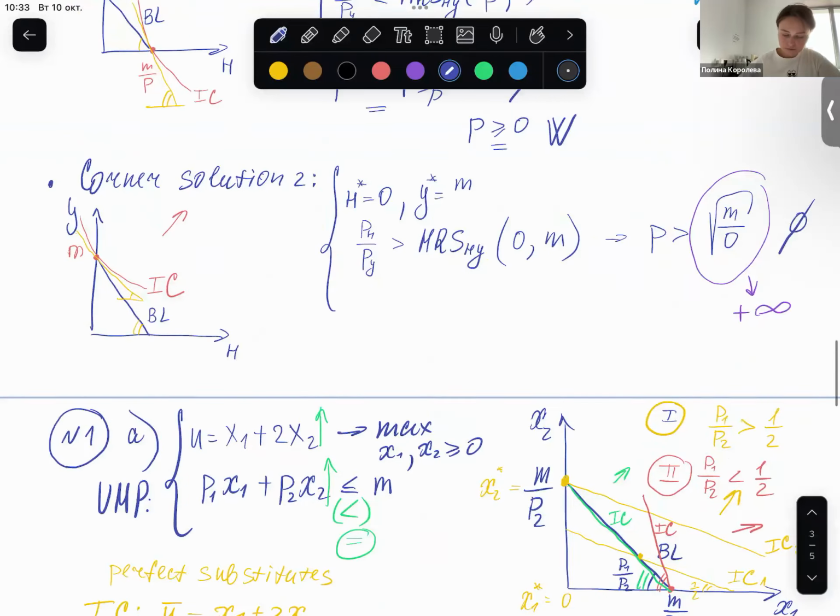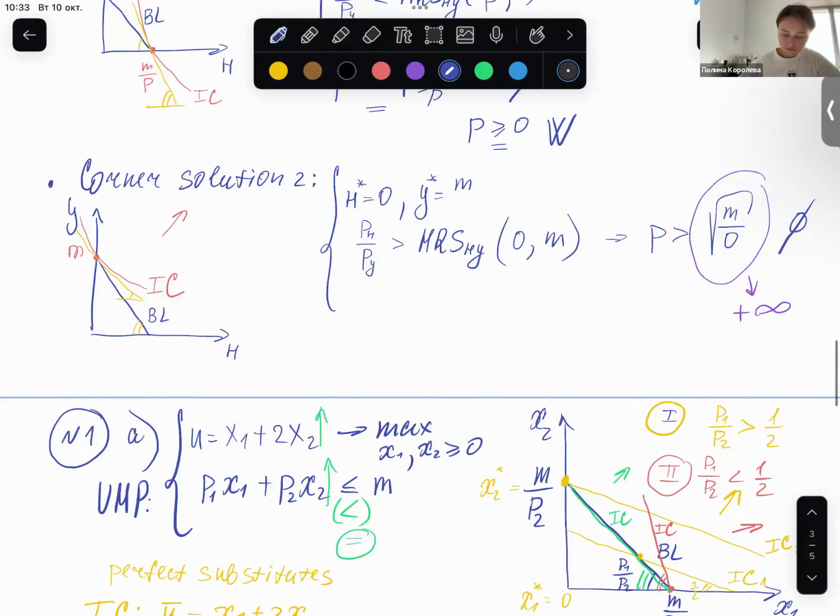I will show all these cases. If the slope is positive, you can have a linear function like this, and this will be the solution. If the slope is negative, this here will be the maximal level of utility. And if the slope is equal to 0, we will choose any point from 0 to m over p2.